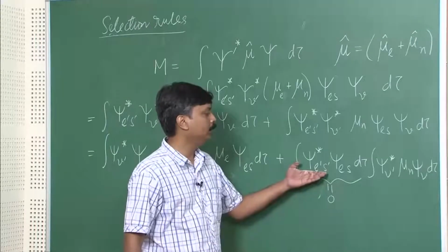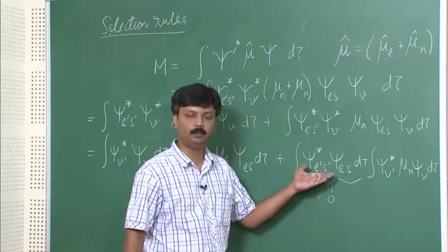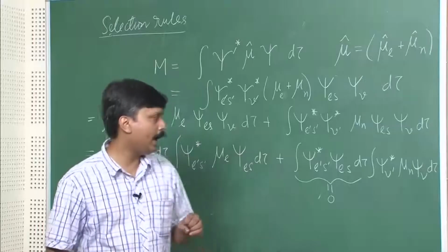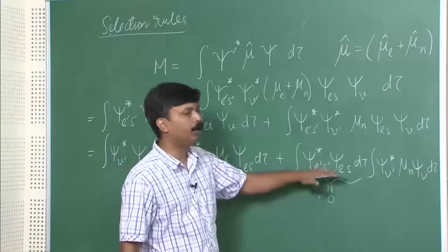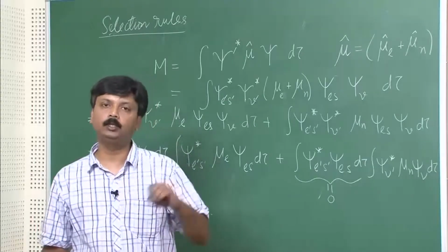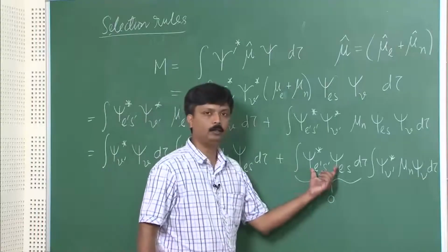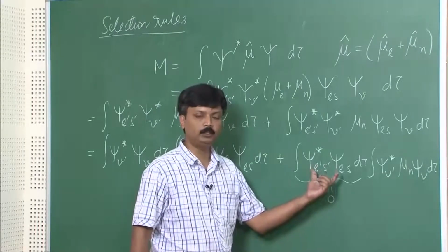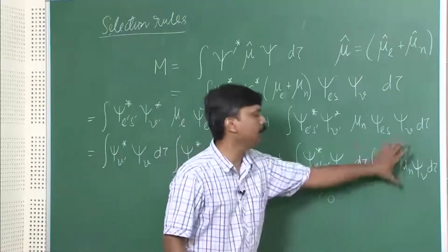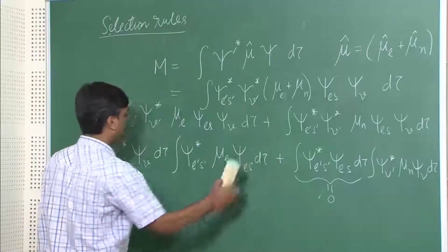Because psi ES or psi E prime S prime, they are the wave functions for the electronic states, and these wave functions should be orthogonal to each other. So they are normalized as well as orthogonal. So this particular integral of two orthogonal functions will give me 0. So therefore this part is completely 0. So I am left with only this part.